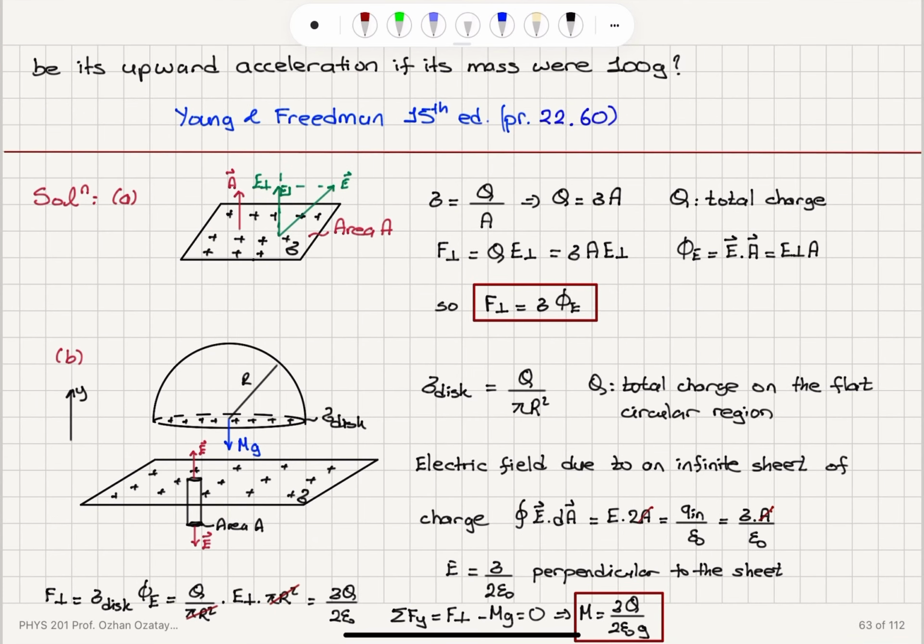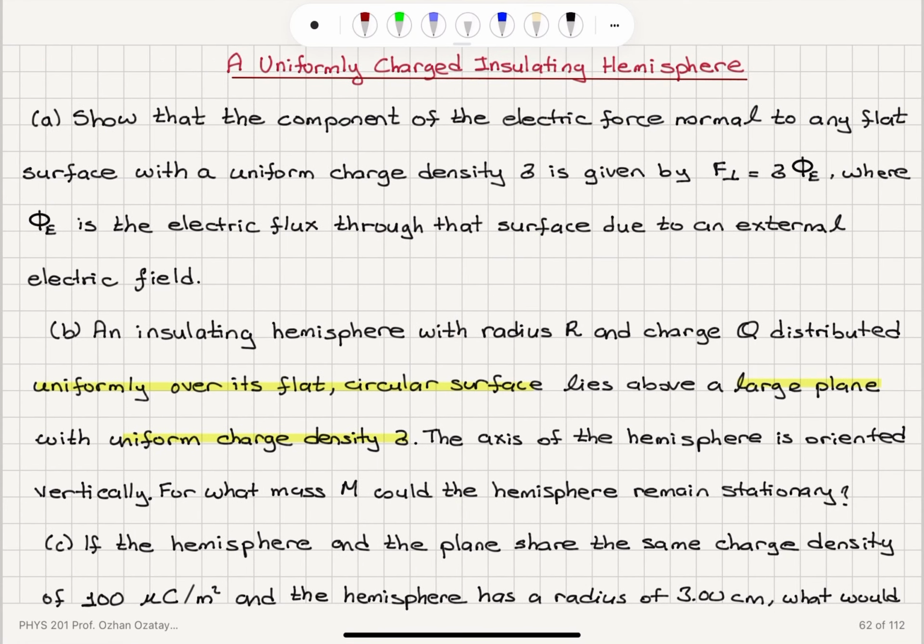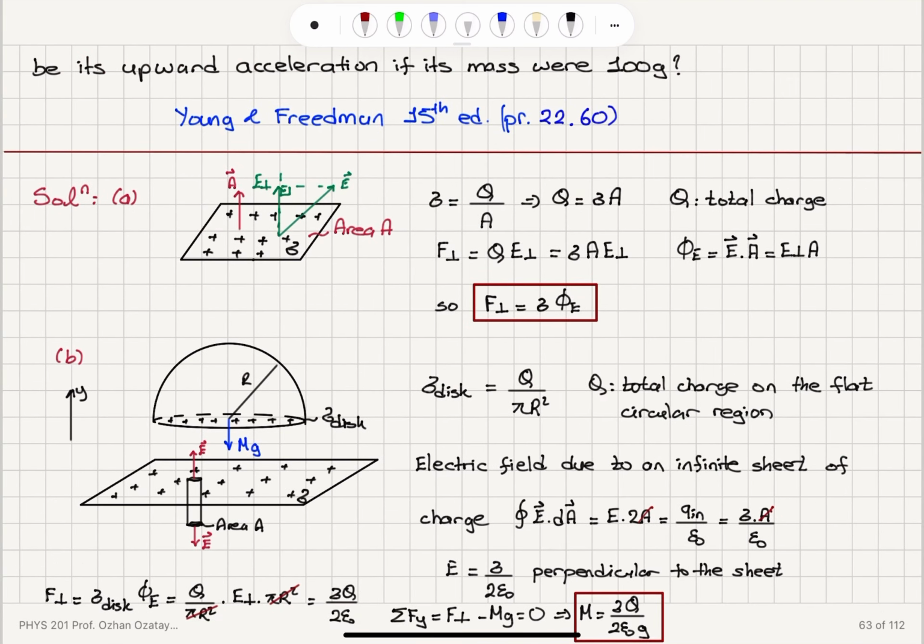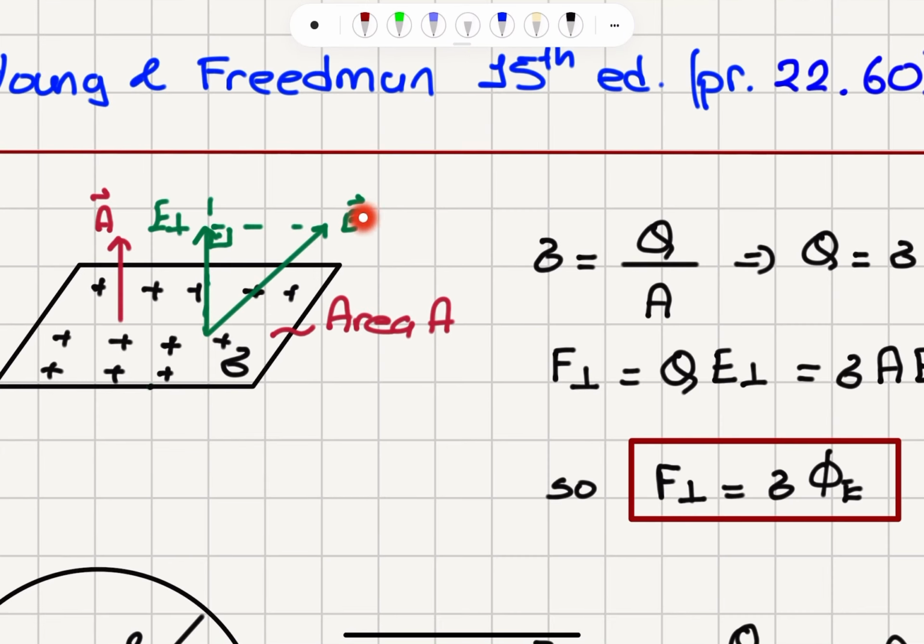Okay, so let's summarize what we did here. In part A, we worried about the perpendicular force normal to any flat surface with a uniform surface charge density, sigma. We have seen that if you have an external electric field E acting on this surface, this electric field will have a perpendicular component, E perpendicular, so that the flux through this surface will be E perpendicular multiplied by area A. Area vector and electric field perpendicular components are parallel to each other.